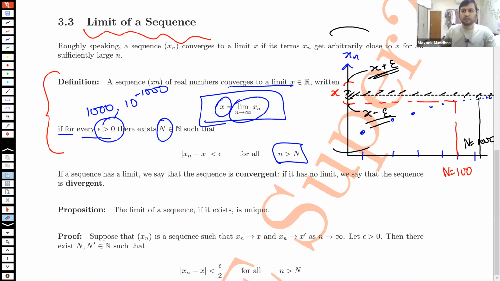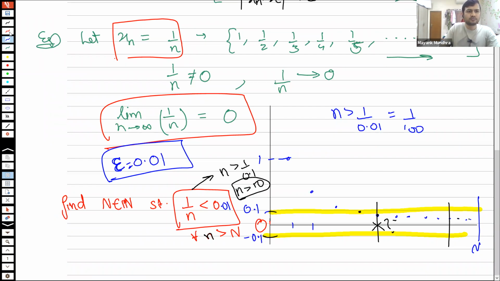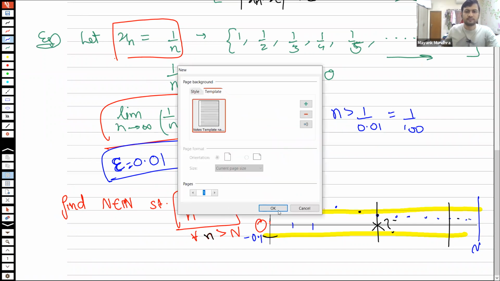So let us work with some other example now. The example now is -1 to the power n into 1 by n.